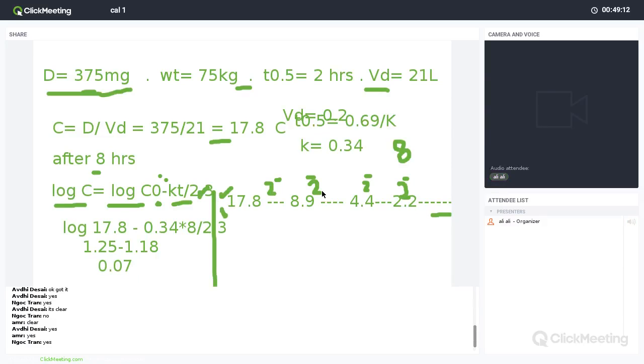This is the value of log C. So now we shift log, which you will find on your calculator as 10 to the power of x.